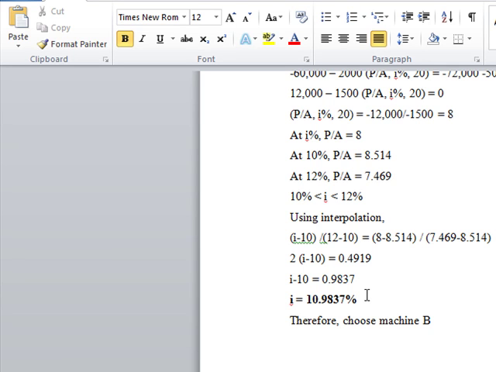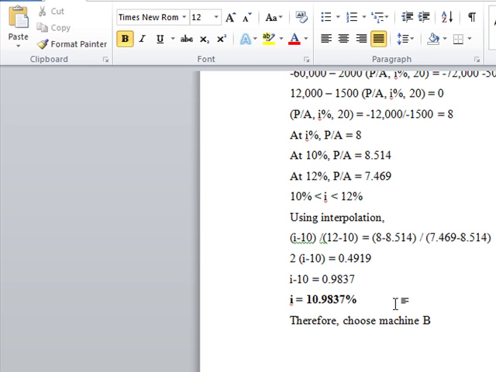Okay, so you need to remember this for all these types of problems. When you calculate your actual internal rate of return, if that is less than the required rate of return, then you need to go for the less expensive option in the beginning.